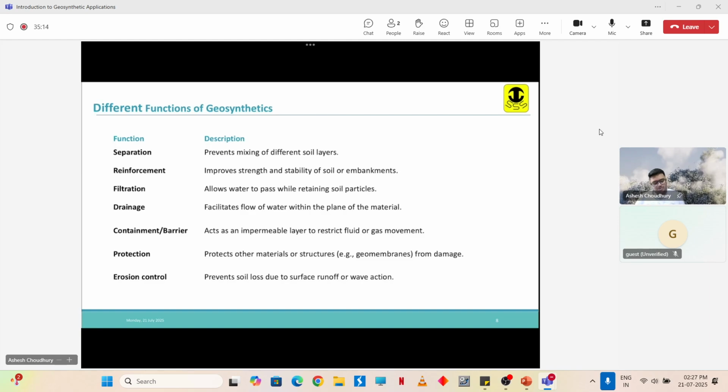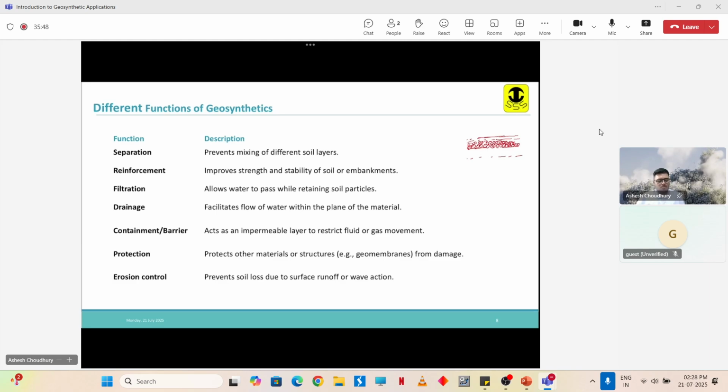Okay. So now say you have a soil subgrade. Over that you are placing some chips or boulders layer, some aggregate layer. Then again you are placing some soil layer like this. So, for an unpaved road, for example.